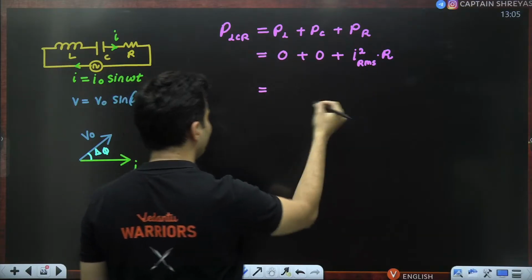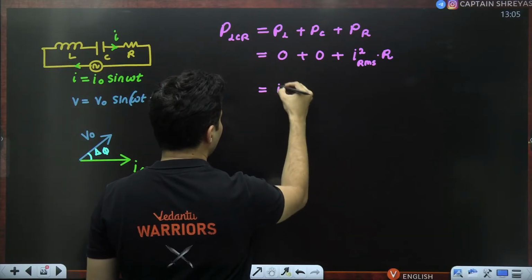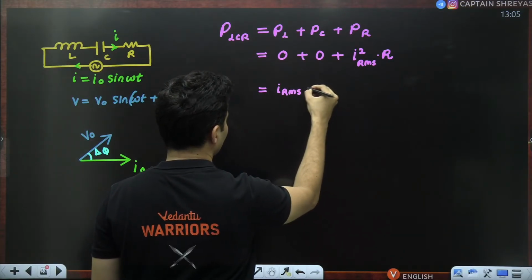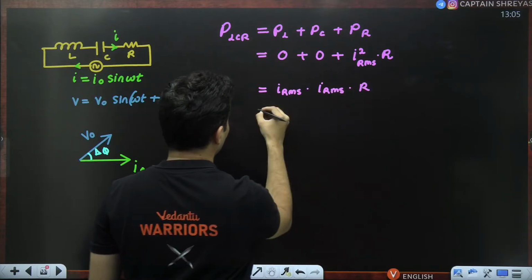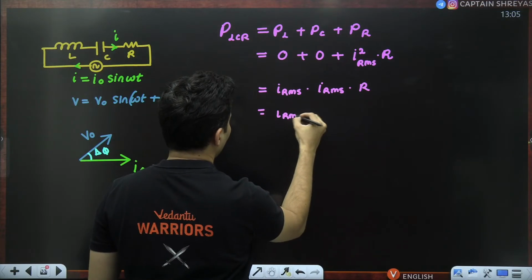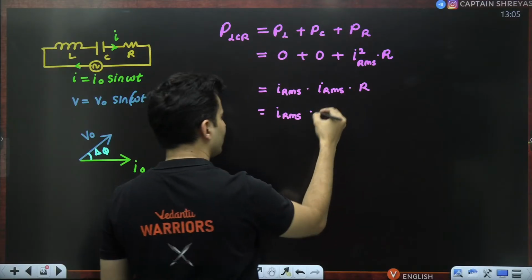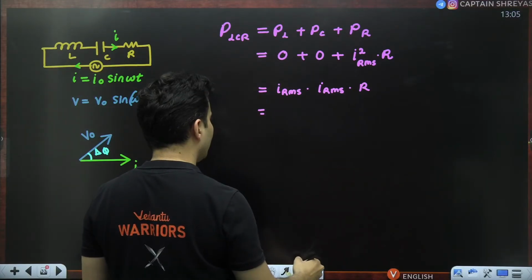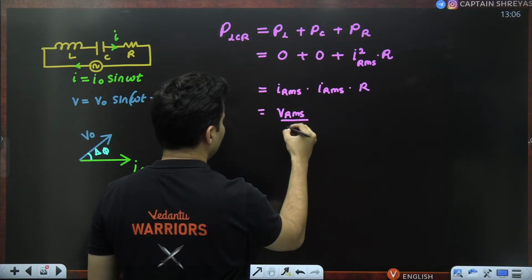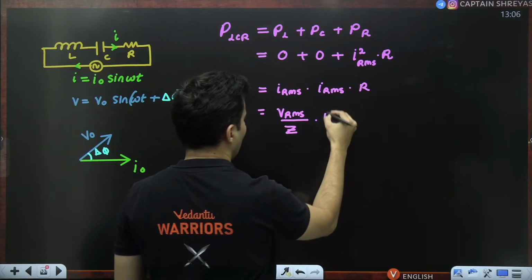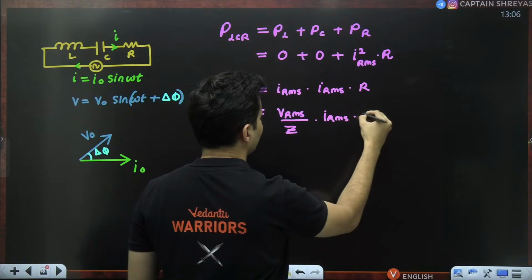And you can do one thing, you can write IRMS square into R as IRMS into IRMS into R, and IRMS is actually equal to VRMS divided by impedance. So that is what it is.